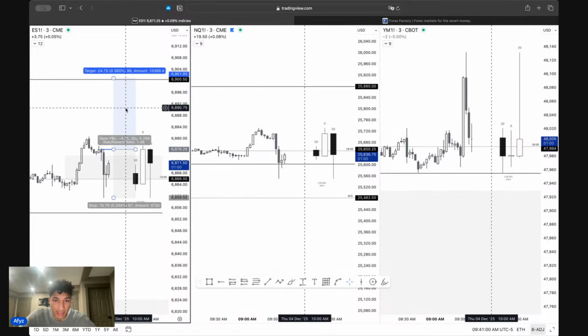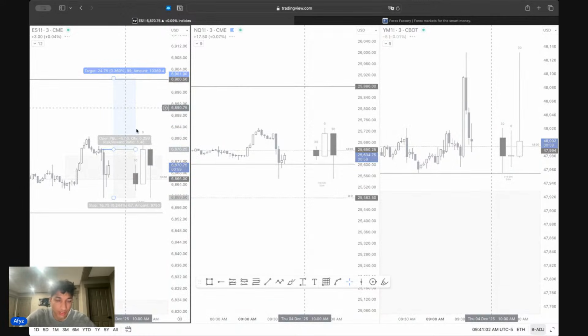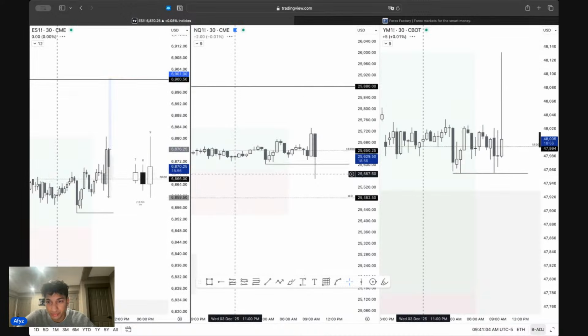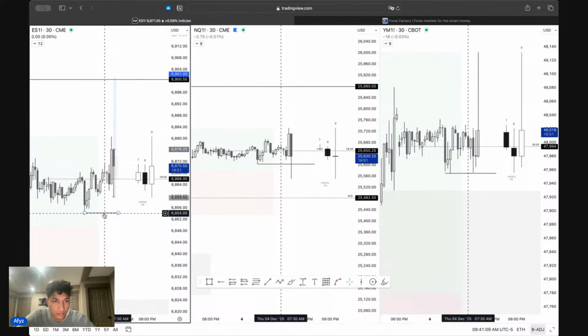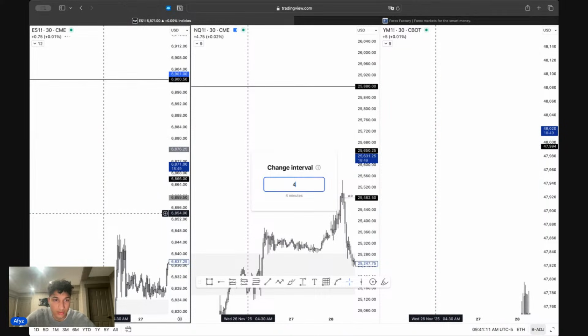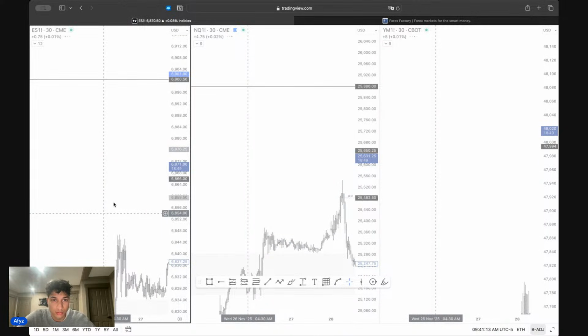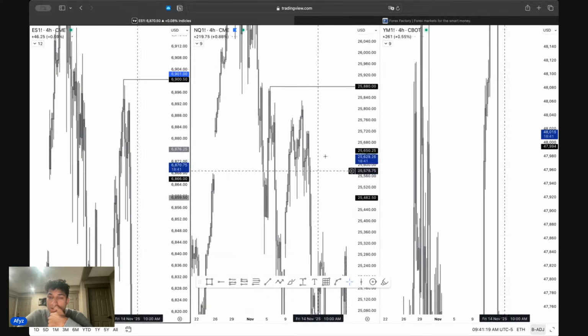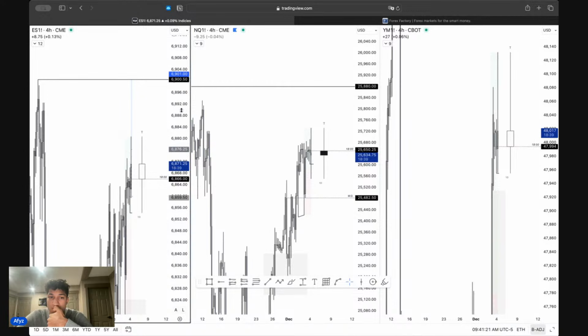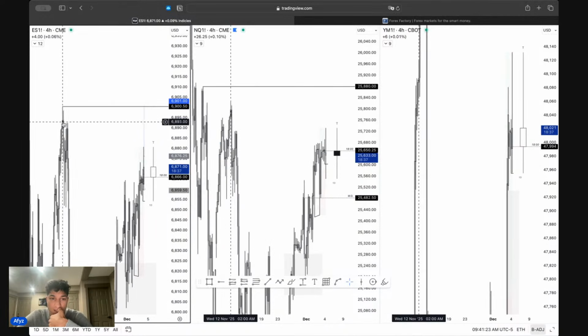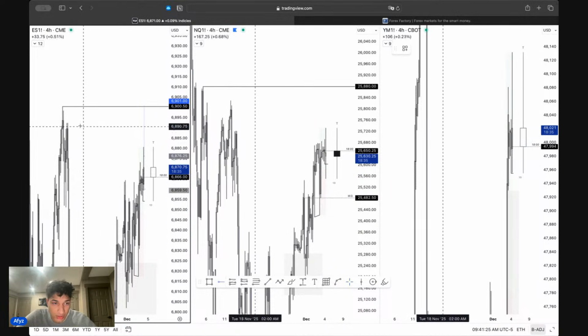Here's an idea on ES I actually really do like. You can see on the higher time frame, we have these failure swings up here. Right, look left on the 4-hour chart. These highs up here on the S&P, and we have these relative equal highs as well.